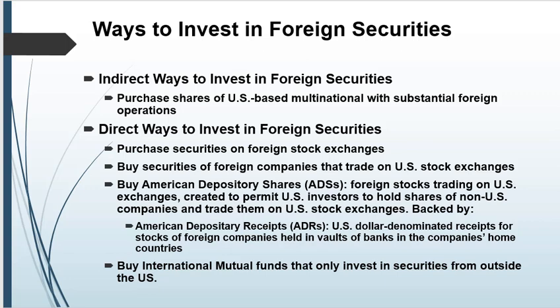So how do you invest in foreign securities? You could do it indirectly. And when they say indirectly, what that means is if you purchase the shares of U.S.-based multinational companies with substantial foreign operations, you get some diversification. And I am not sure that the research actually shows that.